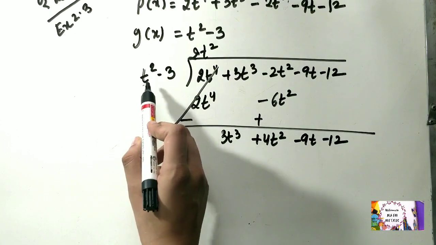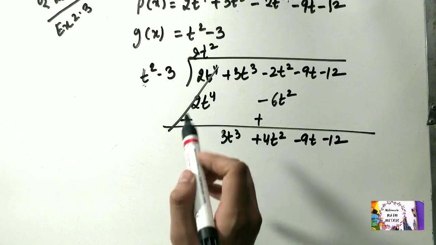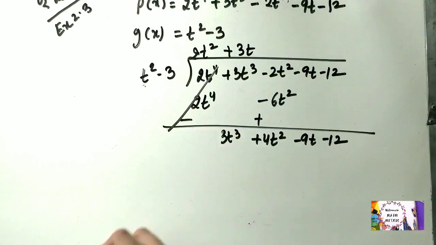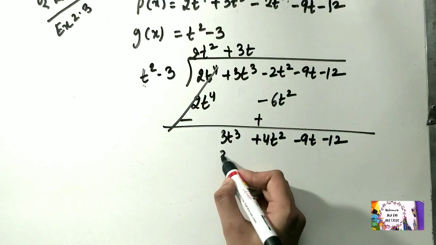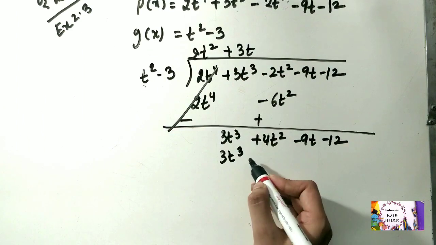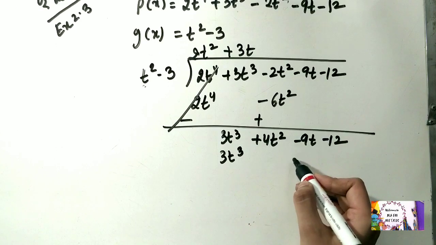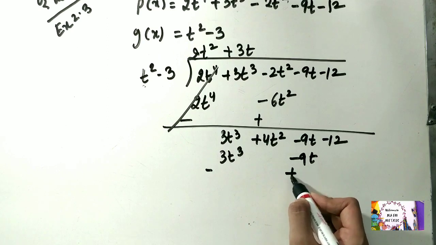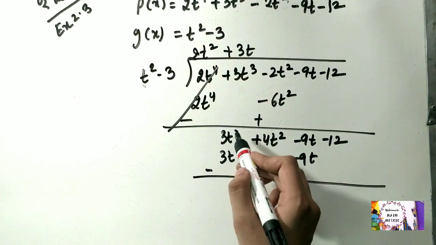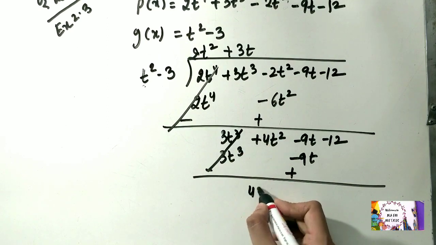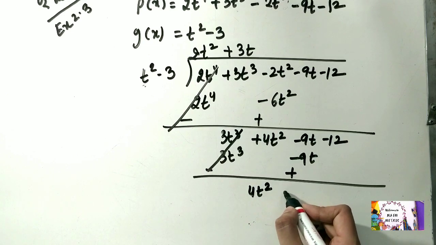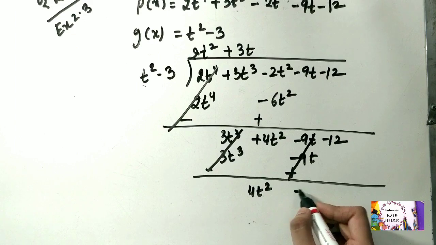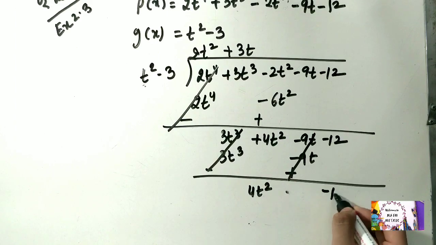Now by which quantity t square should be multiplied to get 3t cube is 3t. It will give us 3t cube. Now multiplying it, minus 9t, writing it under it, changing the signs, this gets cancelled, 4t square as it is, this also gets cancelled, and minus 12 comes under minus 12 as it is.